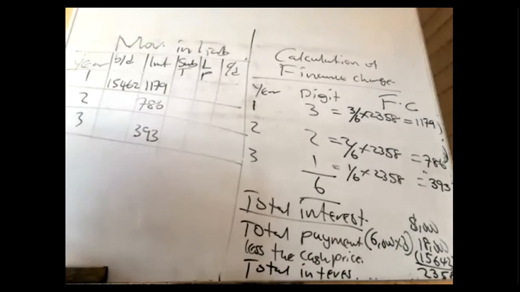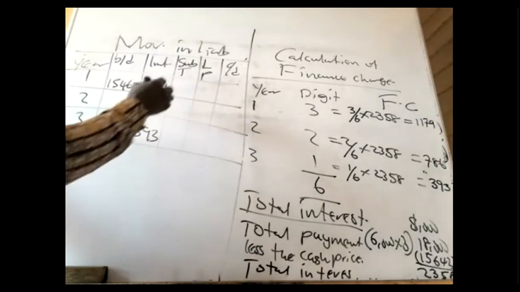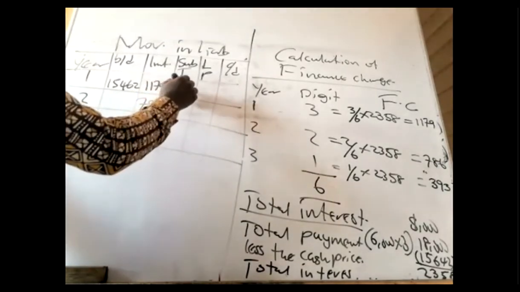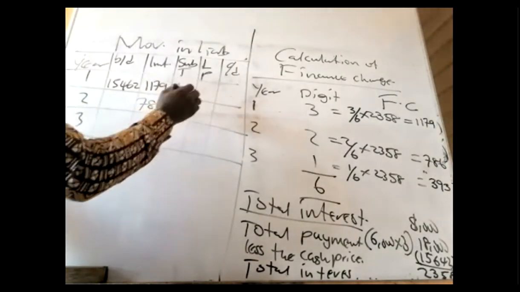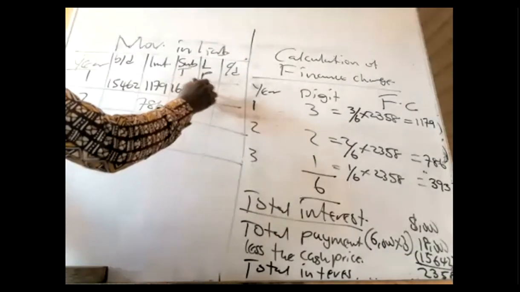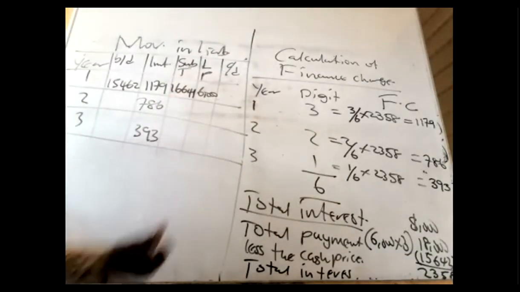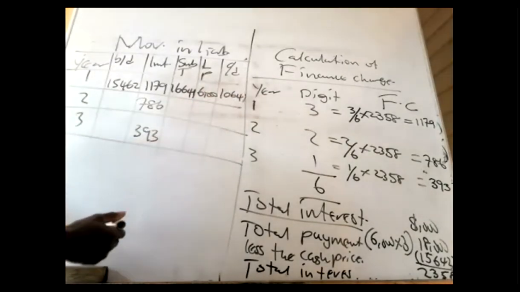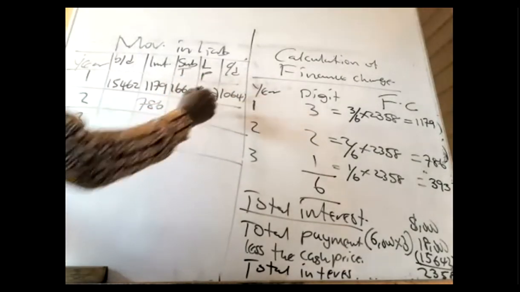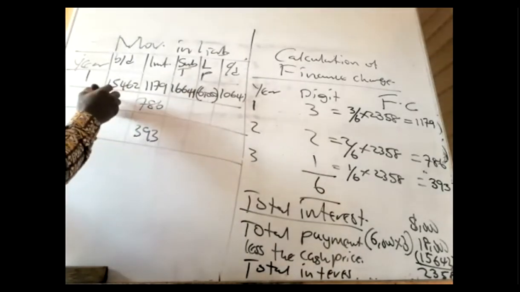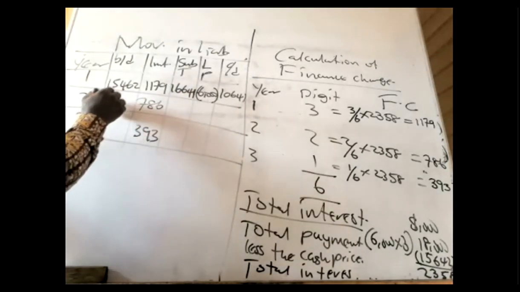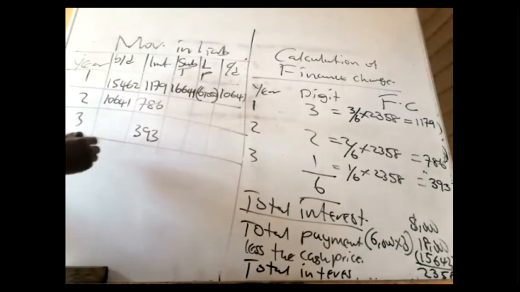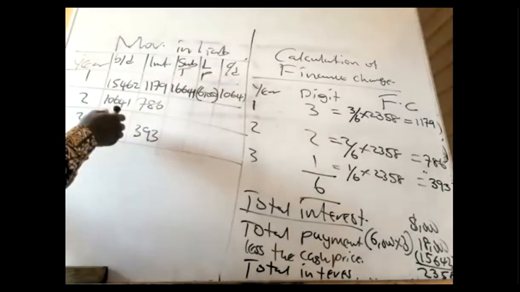You get 16,641. And you paid 6,000, right? So when you take it off you get 10,641. Put the payment in brackets. 10,641. The interest will increase it, so kindly add.